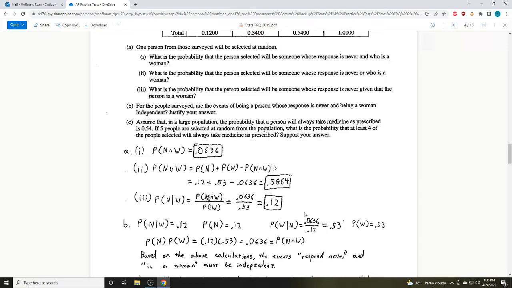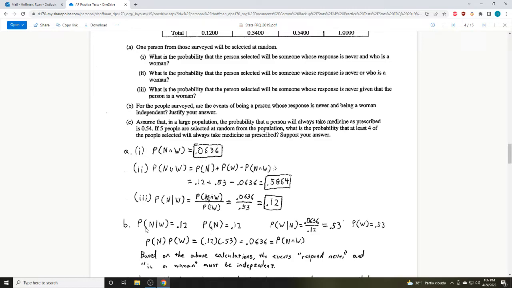Remember that the idea for independence is that knowing one outcome doesn't affect the probability of the other outcome, which is this definition, that the probability of never given woman equals the probability of never. Because the idea of independence is if I ask you about the chance that they respond never, it shouldn't change after I tell you, by the way, this person is a woman.